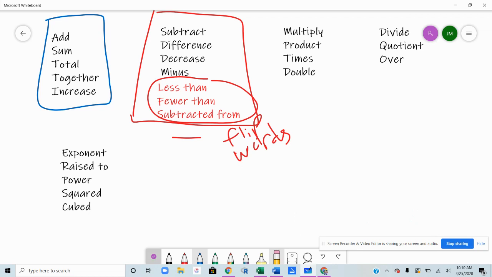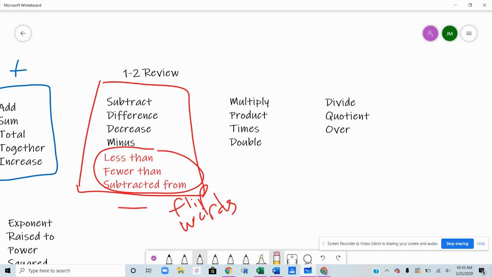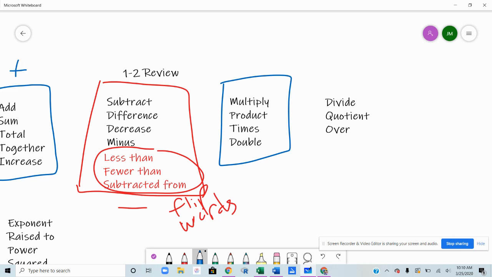The next set here is our multiplication words. My computer's running a little bit slow as I'm recording this. Multiplication words let you know you're going to use a times sign or a little dot times sign, whichever one you prefer. Multiply, product, times. Double means timesing it by 2. So if it says double x, means 2x. You might also see the word triple, which means times 3.